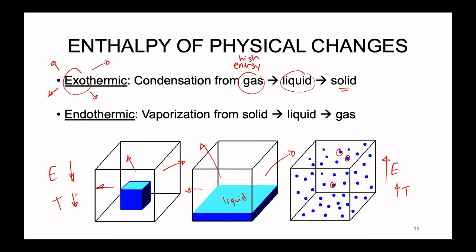So an exothermic physical process is one of condensation. Even though it may seem counterintuitive in terms of temperature, if you keep your perspective on that of the system and its energetics, you should never have a problem keeping track of whether condensation or vaporization is exothermic versus endothermic.